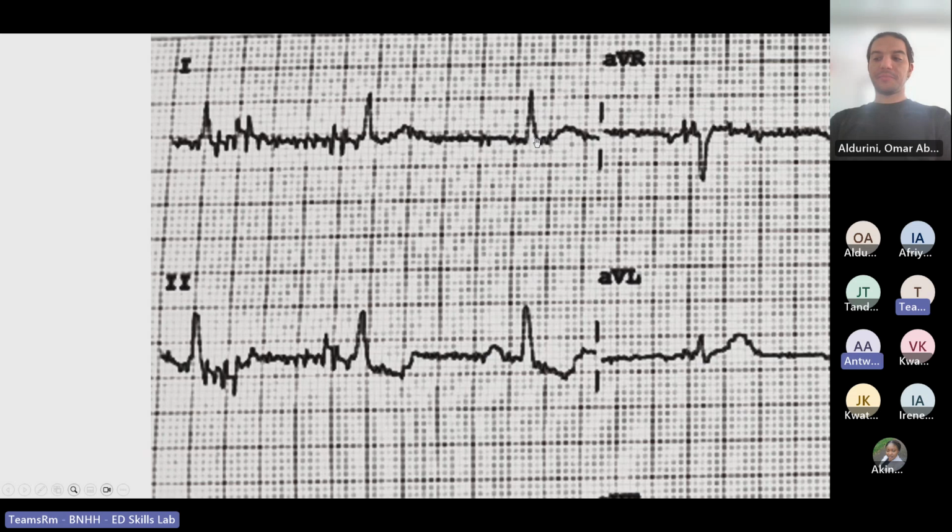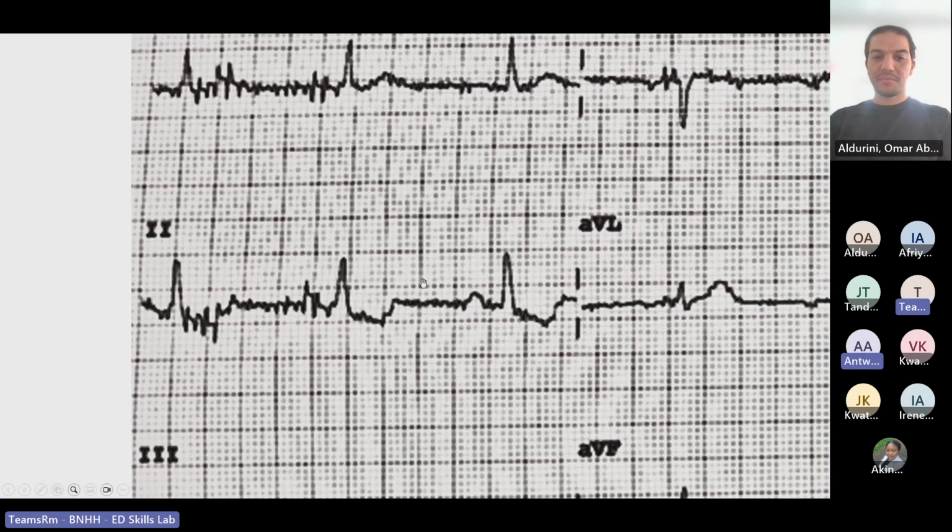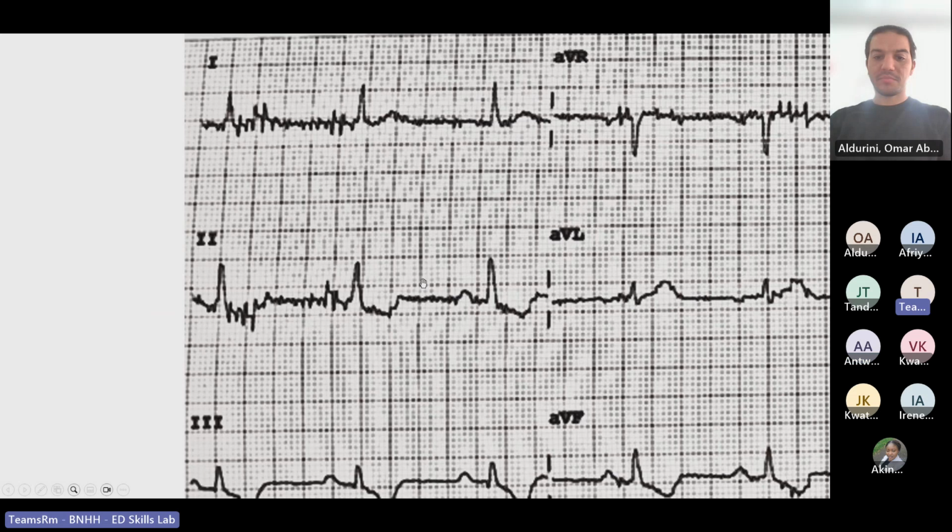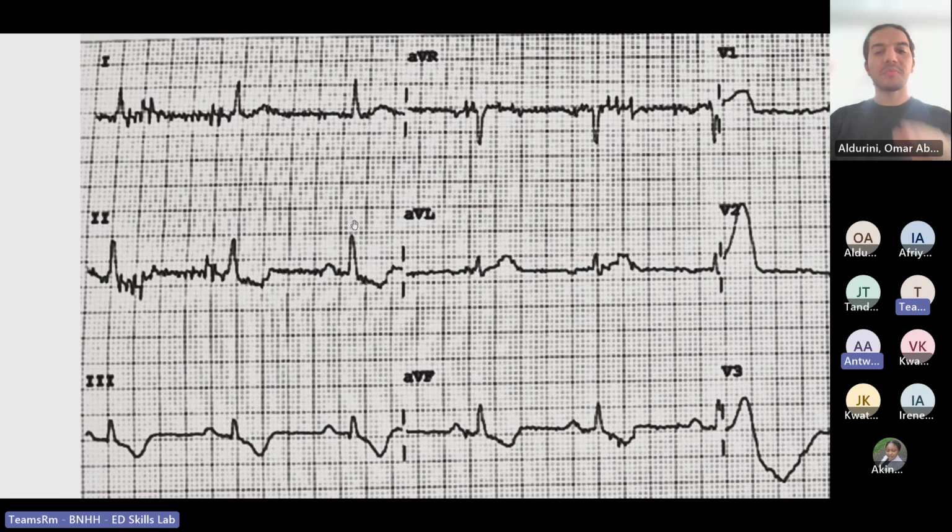So looking at the J point and our reference line, I think it's slightly depressed downwards. Okay, ST depressed, slightly depressed. And I cannot see any T wave inversion in lead 1.